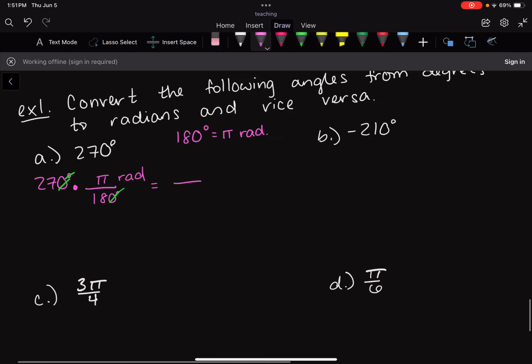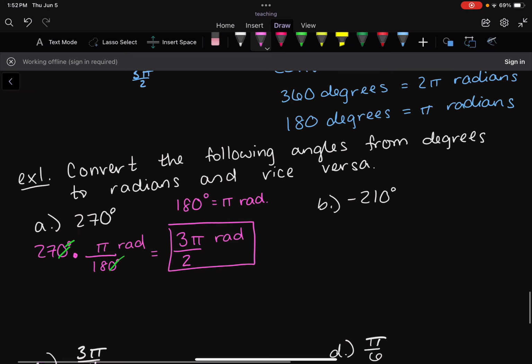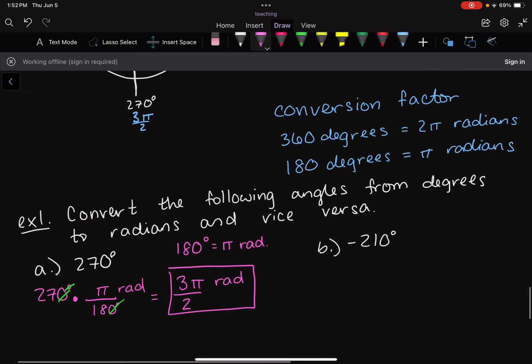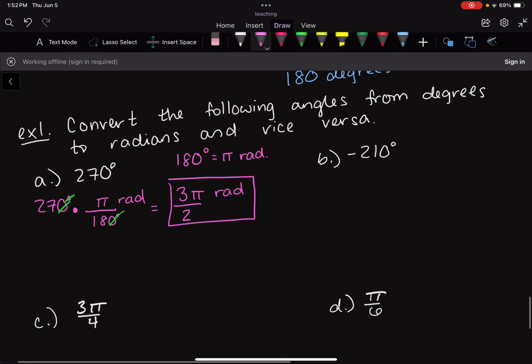At the bottom, you'll be left with a 2. That's what I was getting caught up in. 27 divided by 9 would be 3, and then I'm still left with that pi. So we get 3 pi over 2 radians, which is what I said it was earlier, but now we just showed it a different way.